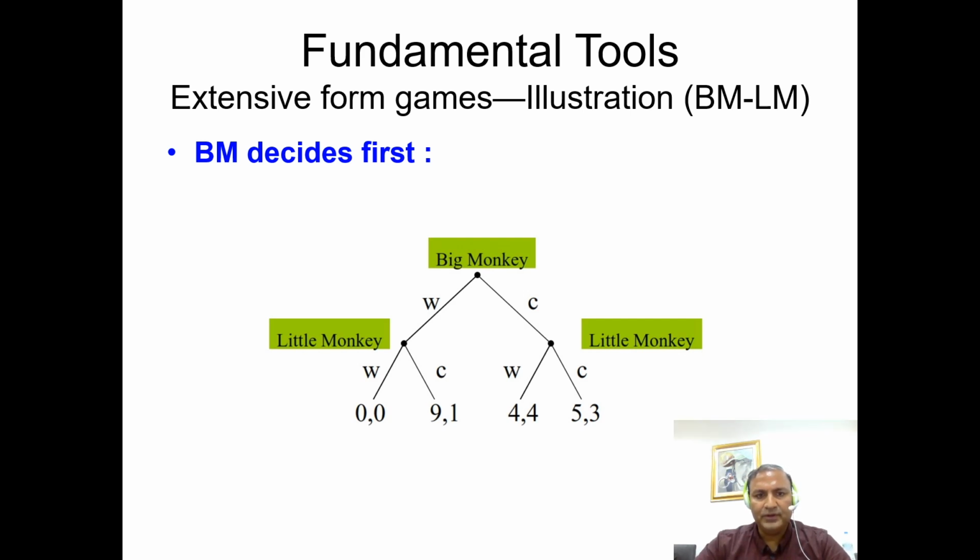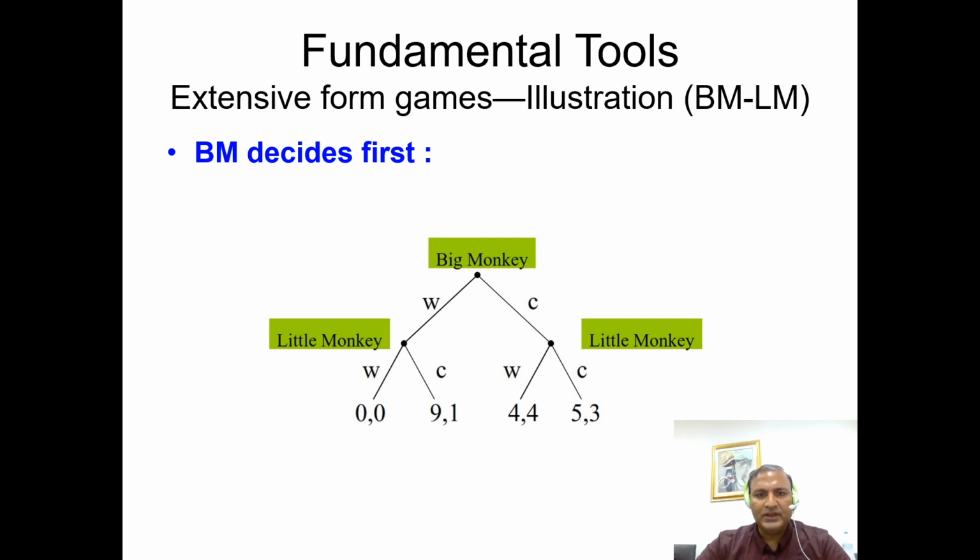If the little monkey climbs up the tree, then the fruit will come down, of course, but until he comes down, the big monkey will eat 90% of the fruit. So the calorie intake for big monkey will be 9 in this case, and the little monkey will get only 10% of the fruit, which means his payoff will be equal to only 1.